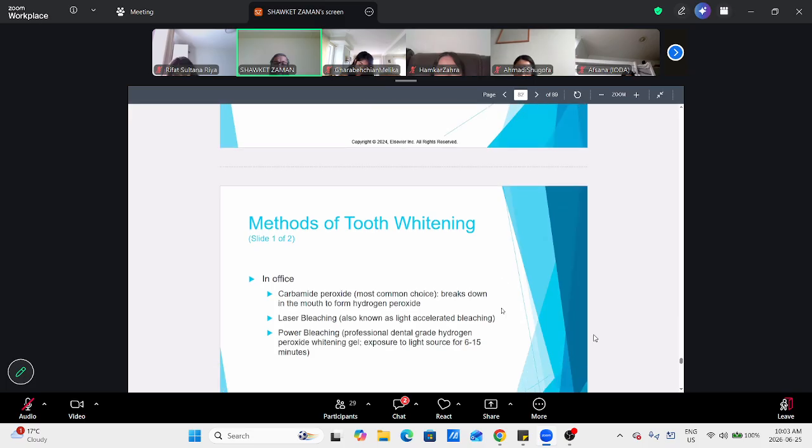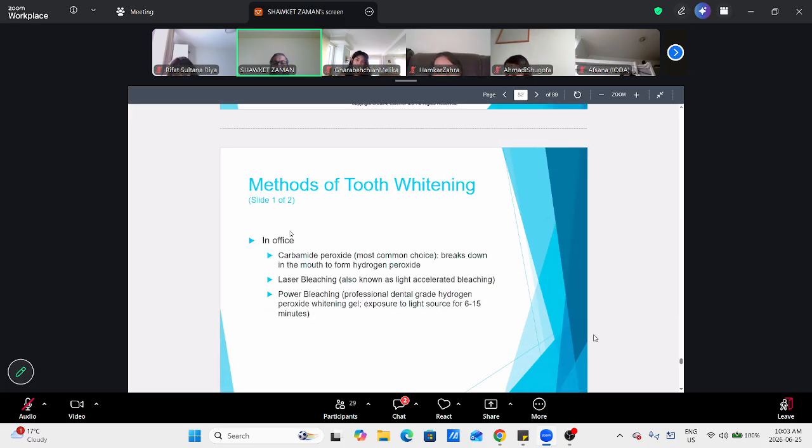What is the method of whitening? When it comes to in-office, it is very effective. Within like 6 to 15 minutes, it will be improved. The reason is that in the dental clinic they are using laser bleaching procedures. That means they apply the peroxide materials on the tooth surface, and at the same time they apply light. This light will break down the hydrogen peroxide, and when the peroxide breaks down, it produces latent oxygen.